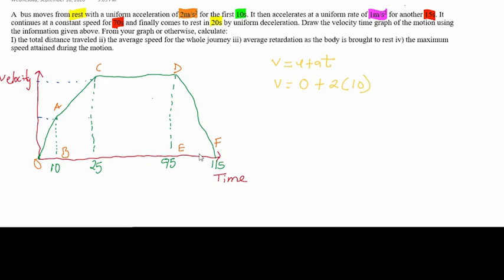So 2 multiplied by 10 is 20, plus 0 is 20. So V is equal to 20 meters per second. This is the first velocity attained.